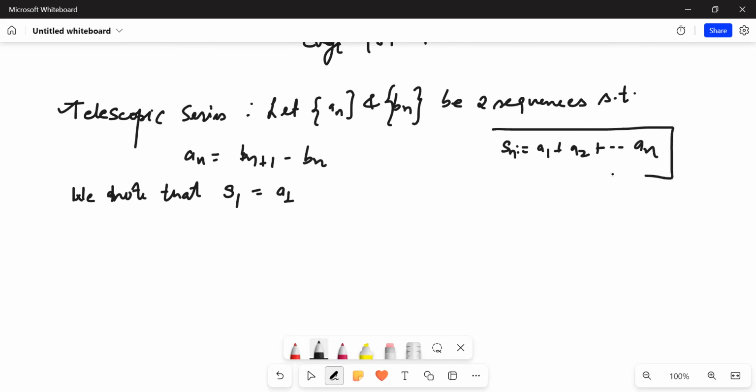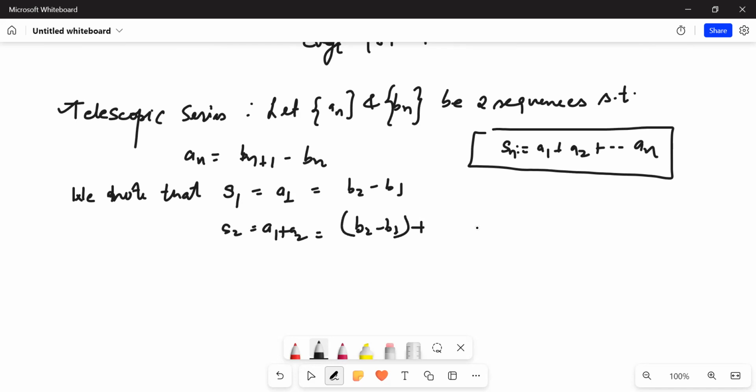So this is how I am defining it. Now S1 would be simply equal to a1. S2 would be simply equal to a1 plus a2. And what is a1? a1 would be b2 minus b1. So S2 would be a1 plus a2, which equals b2 minus b1 plus b3 minus b2. Here you can see these cancel out, and you will get b3 minus b1.